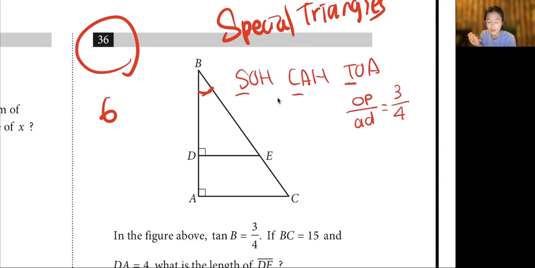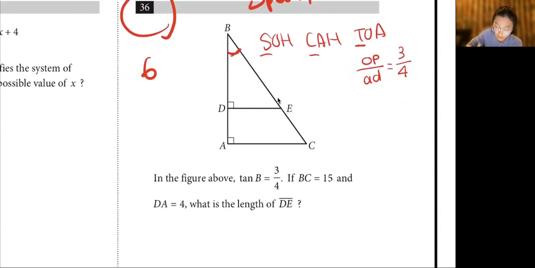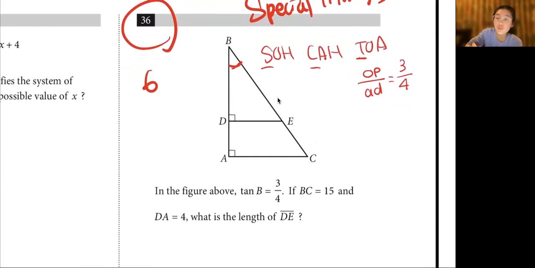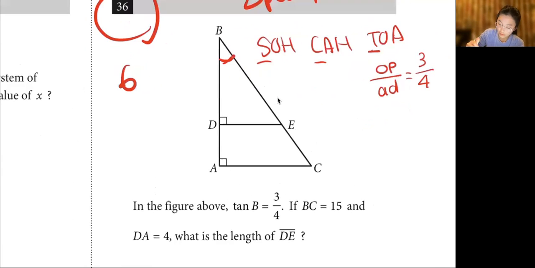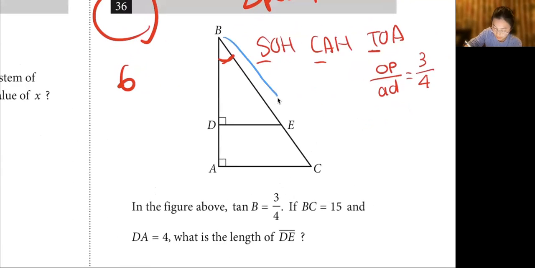Sometimes it can coincidentally be the same, but in this case, it's not. So I will label the actual lengths in blue. BC is going to be 15, DA is going to be 4, and we want to know the length of DE.